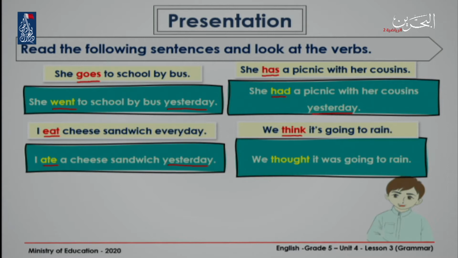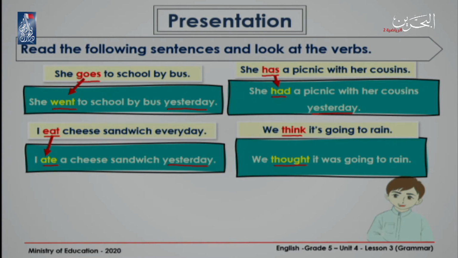We think it's going to rain. We thought it was going to rain. Look at the verbs. Goes becomes went. Has becomes had. Eat becomes ate.